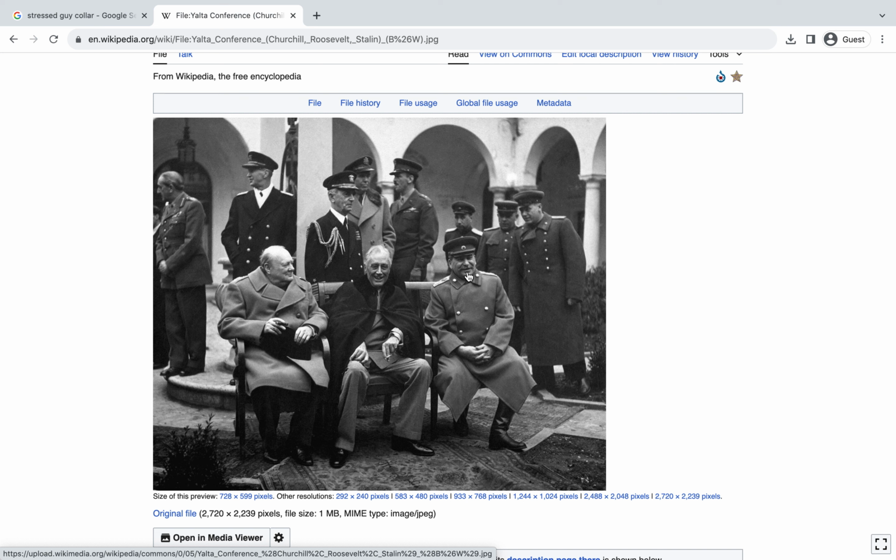And this guy here is Joseph Stalin. He is the guy in charge in the Soviet Union.